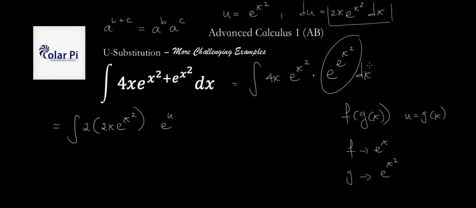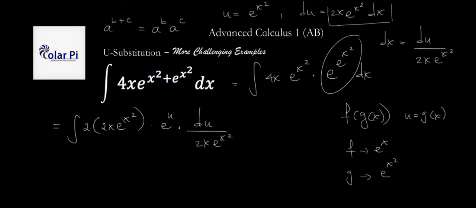And then dx, which we haven't solved for, we're going to solve for using this statement. As usual, we isolate dx and write that it's equal to du divided by 2x e to the x squared. So instead of dx, we can write du divided by 2x e to the x squared.